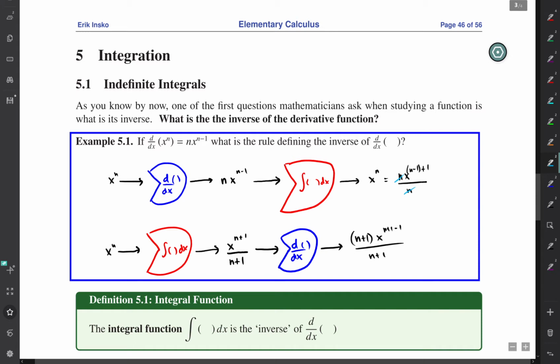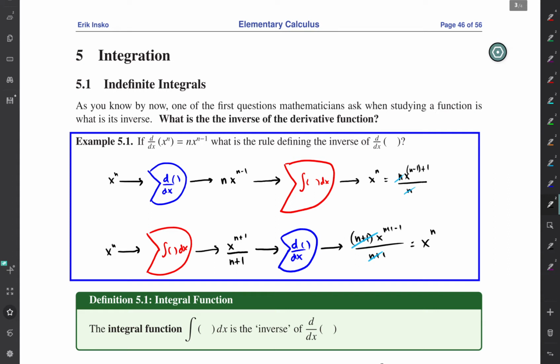So again, the n plus 1 and the n plus 1 cancel, and the n plus 1 minus 1 becomes x to the n. Okay? So you can see here that this is essentially the inverse of the derivative function. You're just going to add 1 to the exponent and then divide by the resulting number.